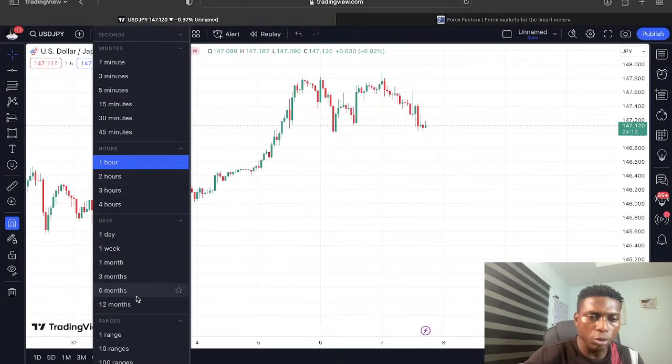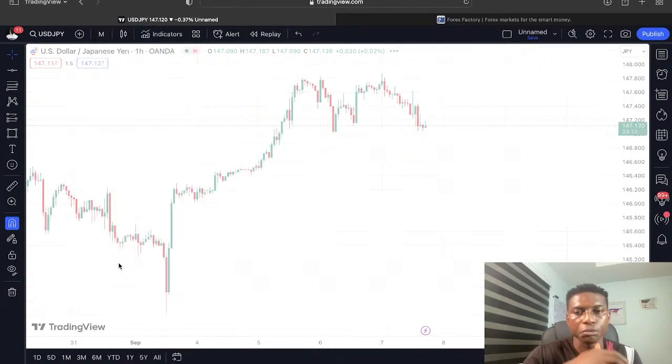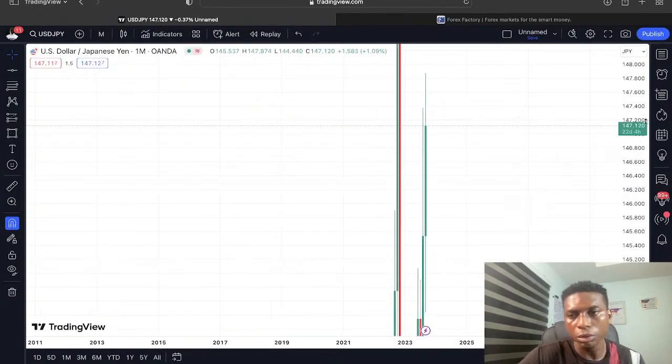The top to bottom approach would be applied. So we start from the monthly time frame.